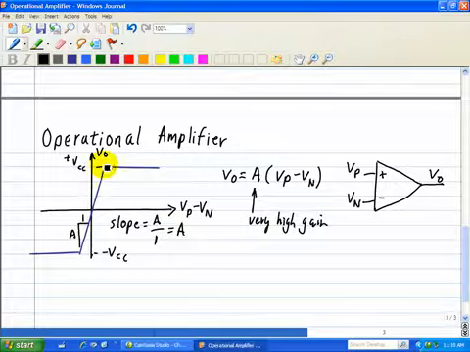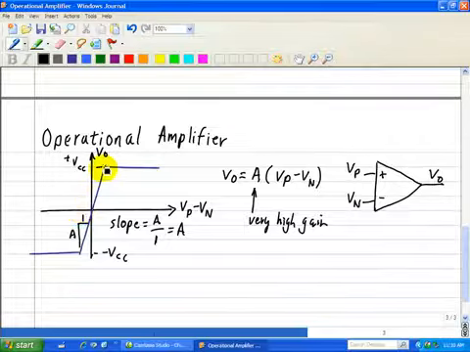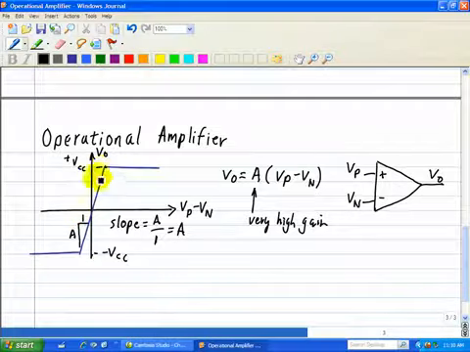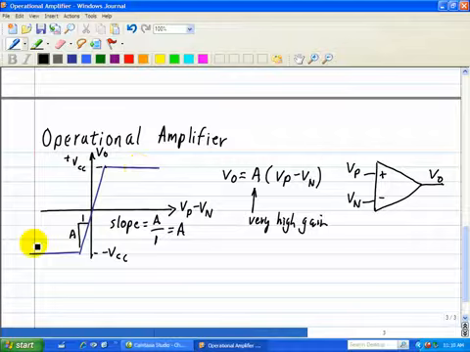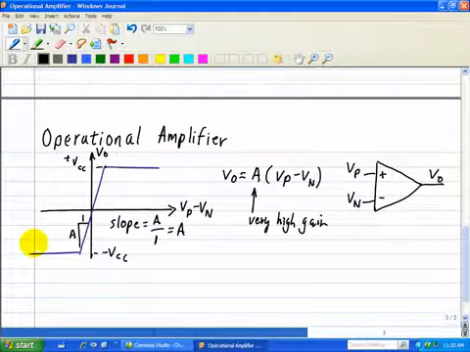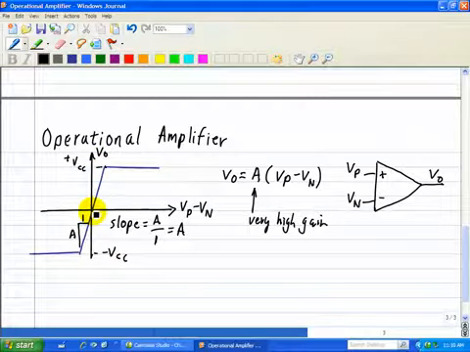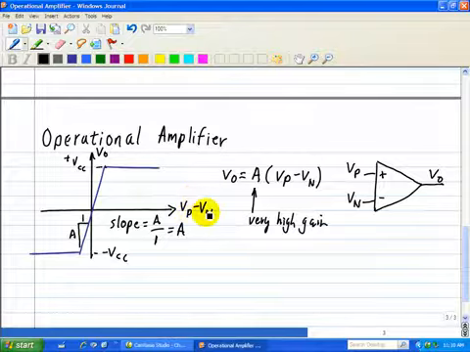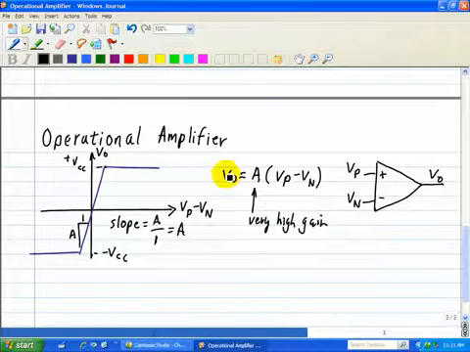In other words, you can't go higher than what you're supplying in terms of voltages. So our output voltage is limited by our plus VCC and minus VCC. And when they operate in this region, we call that the saturation region or mode. Here we call this the linear mode, so that a corresponding increase in our voltage difference between Vp and Vn is a corresponding increase in our output.